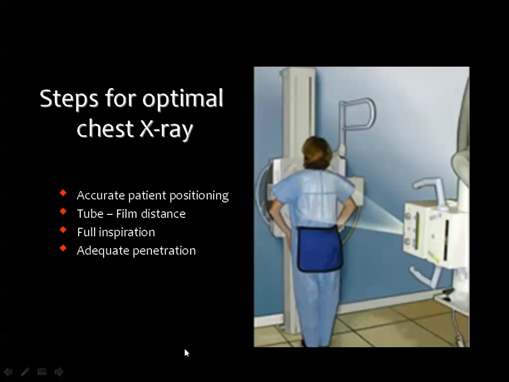Then, in order to interpret the chest x-ray, we should know the criteria of the optimal chest x-ray. These criteria include accurate patient positioning while being radiographed, and instructing the patient to have full inspiration before exposing the x-ray film.